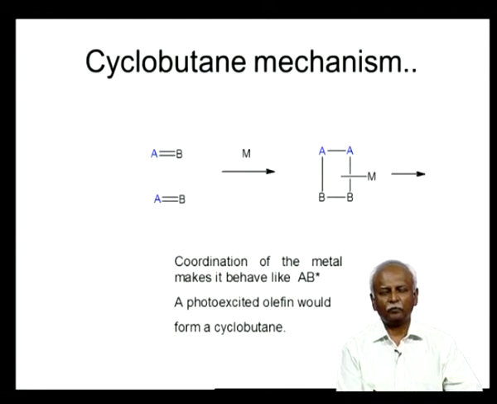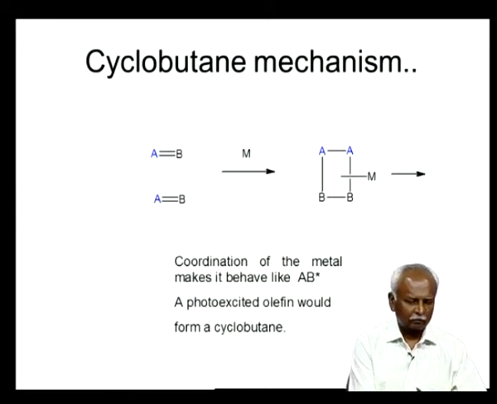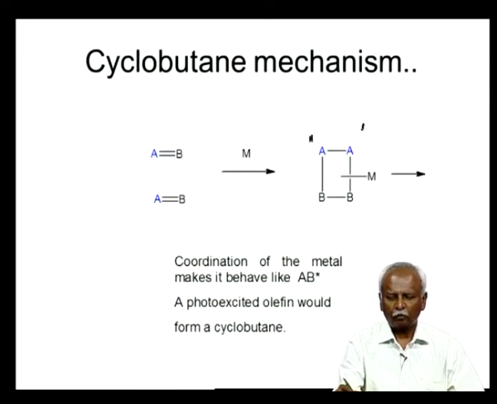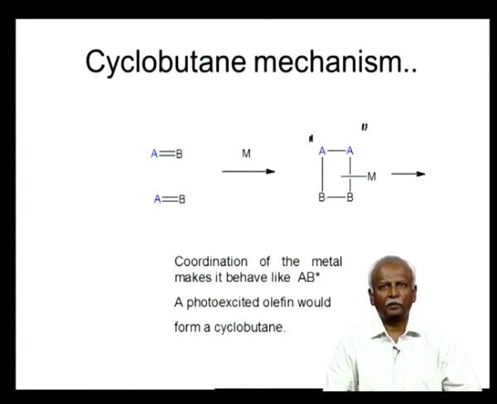Let us take the example of the cyclobutane mechanism. This was one of the earliest mechanisms that was proposed, and it was quite attractive. What one proposed was the fact that in the presence of the metal, two molecules of olefin can react together to form a cyclobutane, which, although transiently, could be formed in the coordination sphere of the metal.